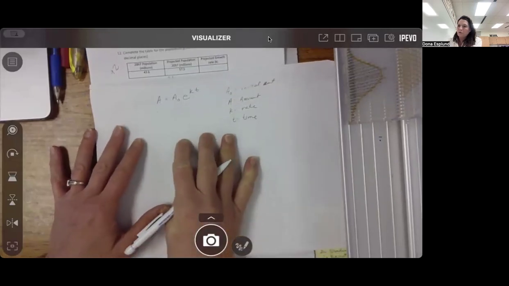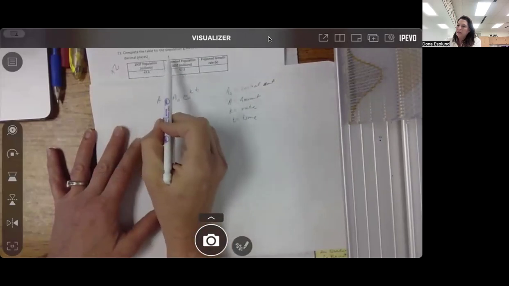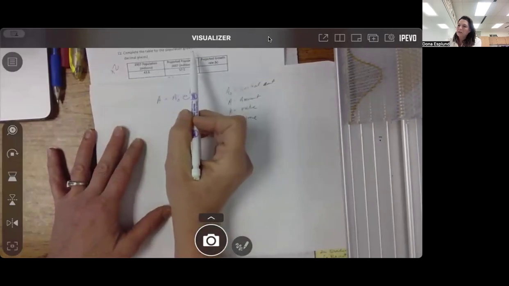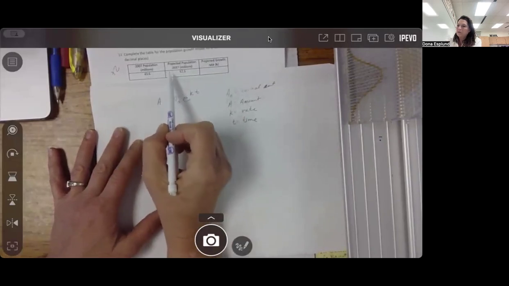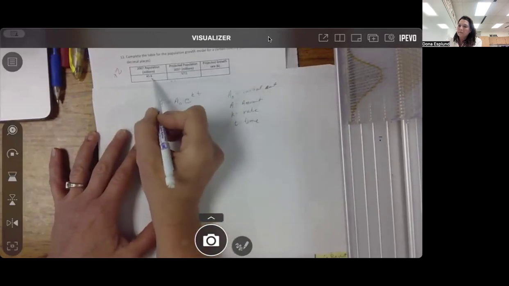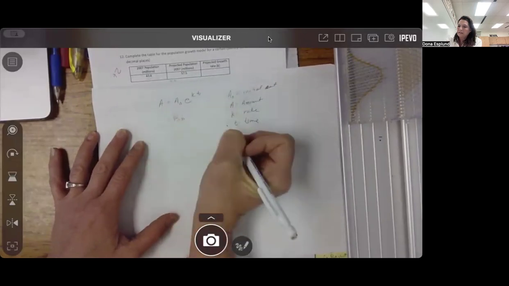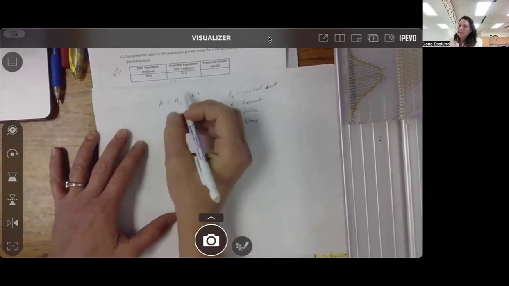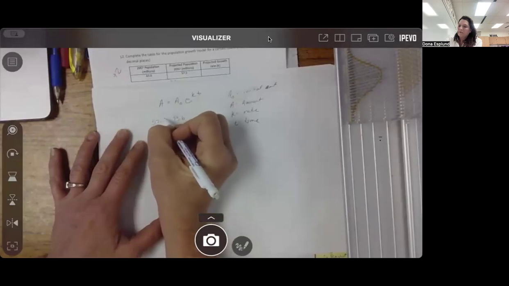So in the very first one, on 12, to set this one up, it says complete the table of the population growth model. If you start with 43.6 million and then you end up with 57.5 million, your starting amount has to be 43.6. Then I'm going to end with an amount of 57.5.